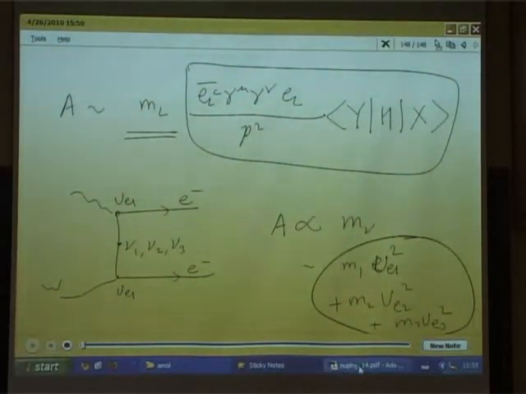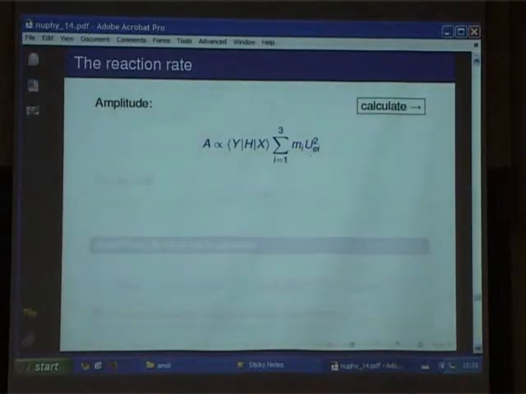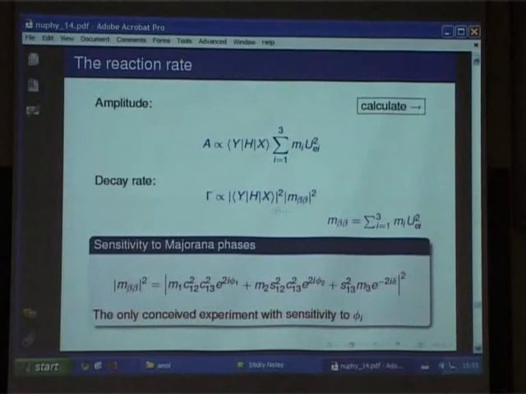Okay? So now what happens? Amplitude is proportional to this quantity. Okay? So rate of decay is proportional to the square of this quantity. The square is called m beta beta. Okay? This quantity is called m beta beta.